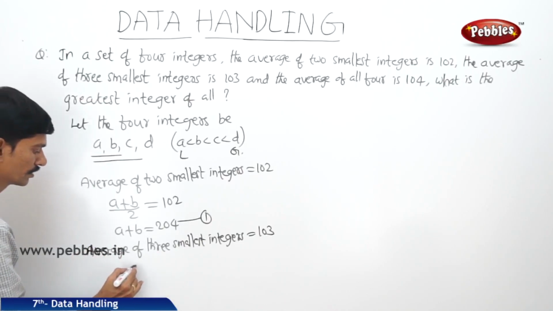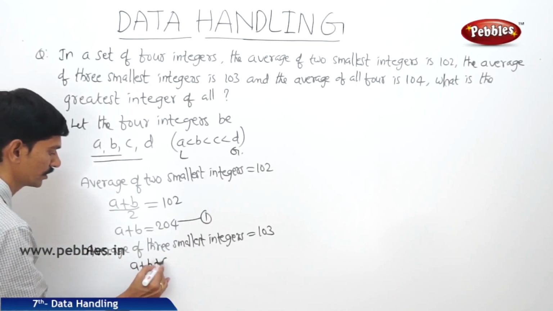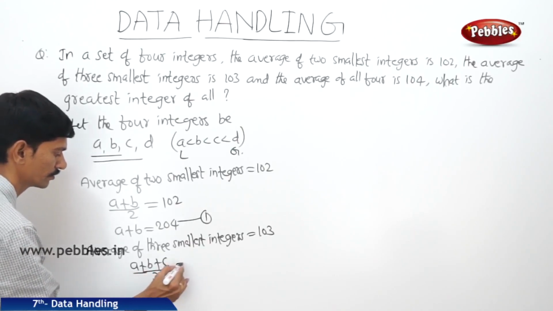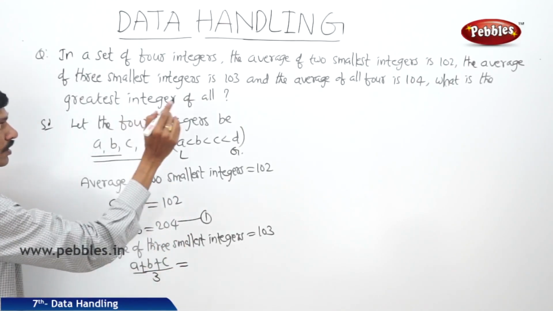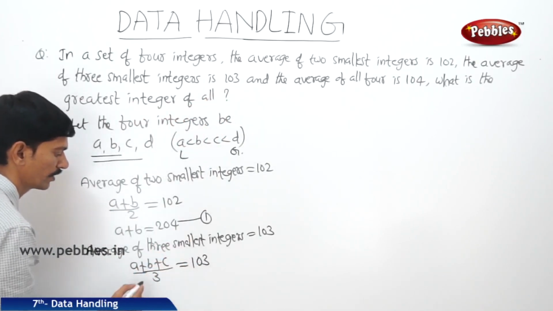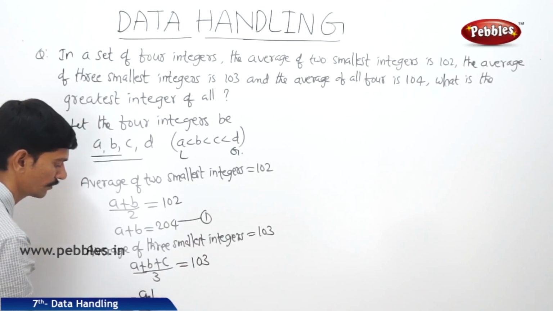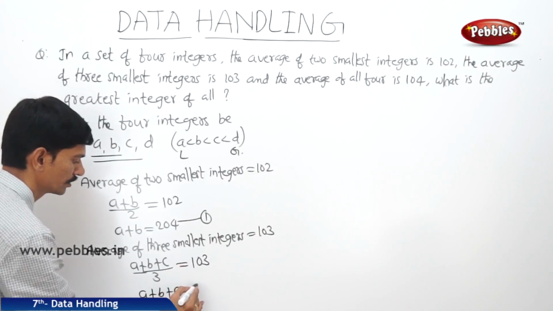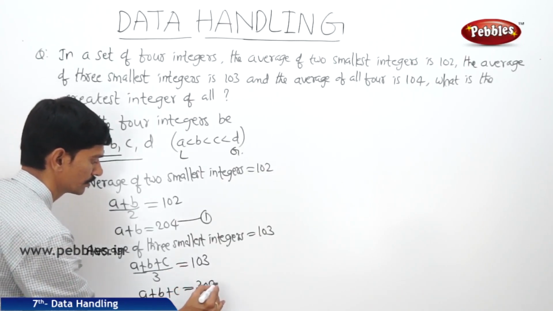Then we get a plus b plus c by the number of integers, 3, equals, it is given, 1 or 3. By cross multiplication we get a plus b plus c equals 3 into 1 or 3, 309. This is the second equation.